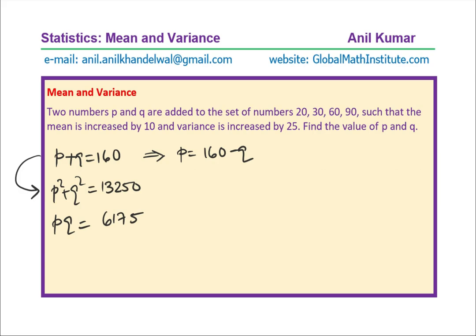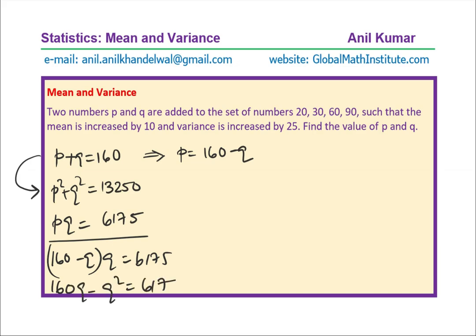You could also use the product form. So let's use the product form pq equals 6175 and write down here p is 160. So I'm writing here 160 minus q times q equals 6175. And when you open this bracket, we get the quadratic equation, which is 160q minus q squared equals 6175. Let's rearrange.